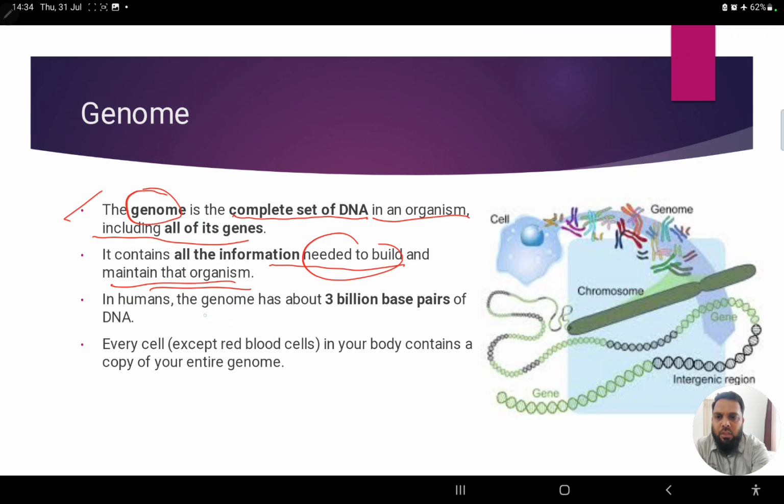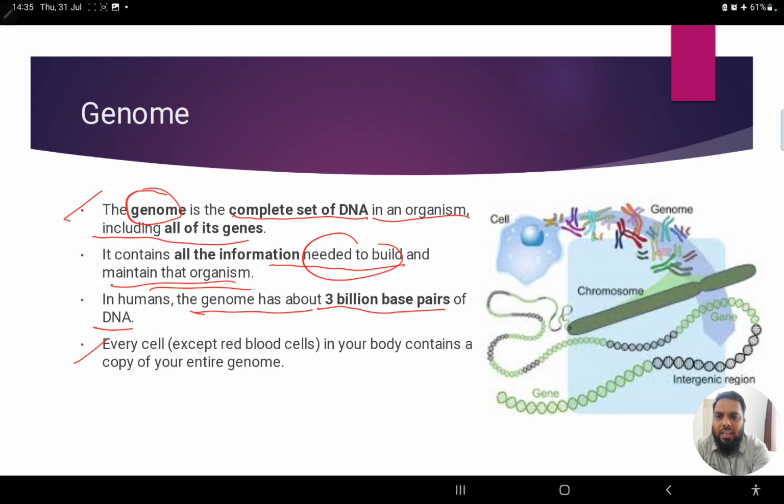In humans, the genome has about 3 billion base pairs of DNA. If you consider human as an organism, what we can observe is there are 3 billion base pairs of DNA in different types of human beings belonging to different places or geographical zones, climatic conditions, right?